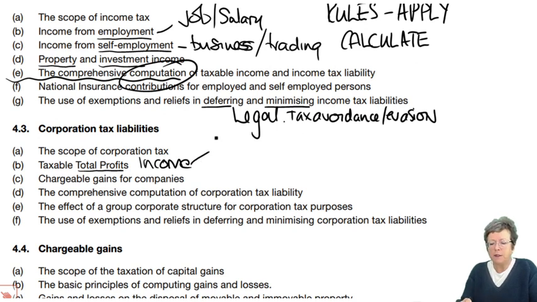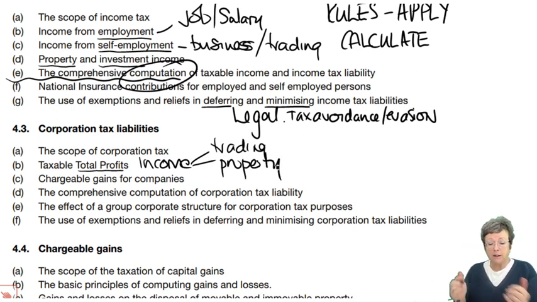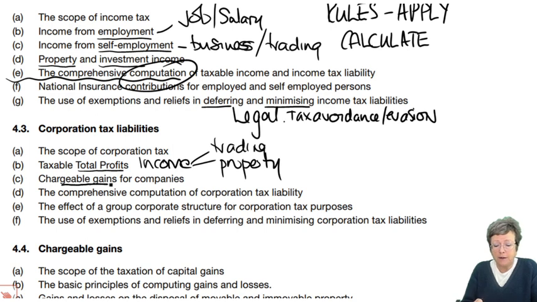So that could be trading income. It could be property income. It could be all sorts of various different types of income. It could also include chargeable gains. So that's gains on capital assets, which again, you'll find chapters of later in the course.